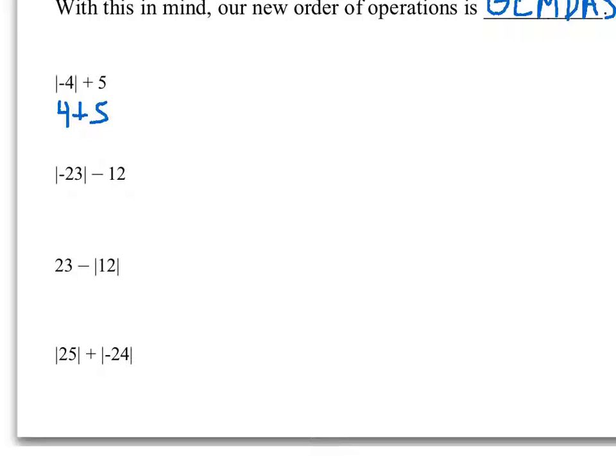I do expect to see this step of work. A lot of you are just going to go, oh, I know the absolute value of -4 is 4, plus 5 is 9. I need to see the step. Remember, that step shows me a little bit of how, a little bit of why, which pushes our ideas about how we're thinking about math. And this type of organization, I was working with some of the 8th graders yesterday. They're doing order of operations stuff right now too, just a little more complicated.